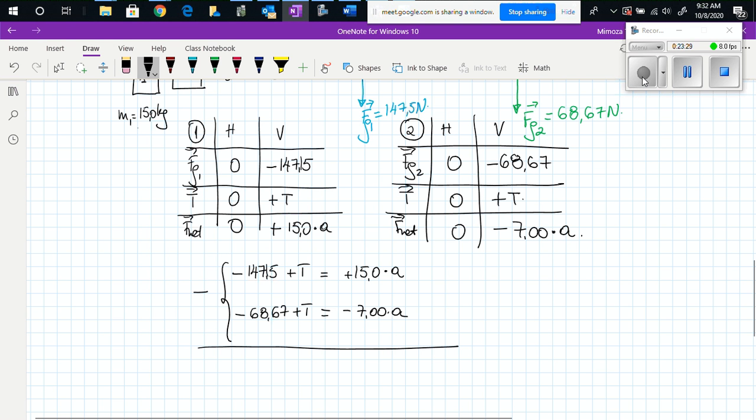It is negative 78.48. And positive T minus positive T will be canceling out, equals 15 plus, because minus and minus will give you positive, so 15 plus 7 will be equal to positive 22 times A. You divide both sides by positive 22.